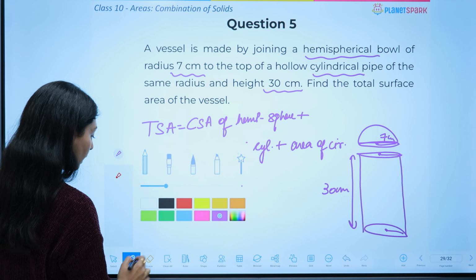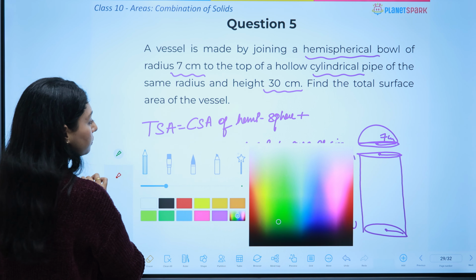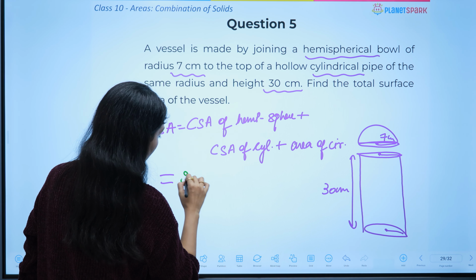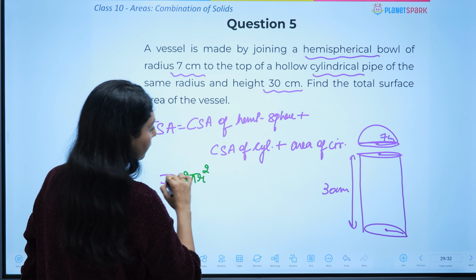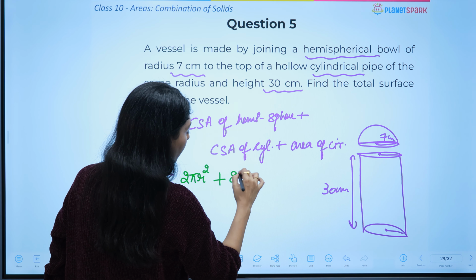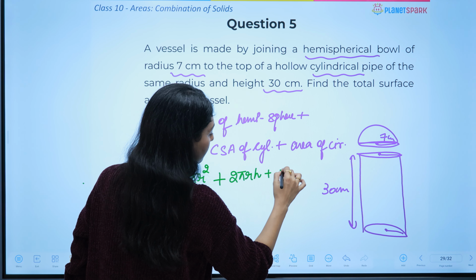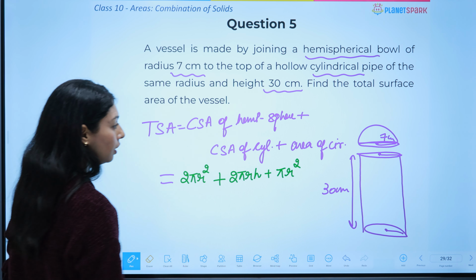Let's put the formulas here and plug in all the values. 2 pi r square plus 2 pi r h plus pi r square.